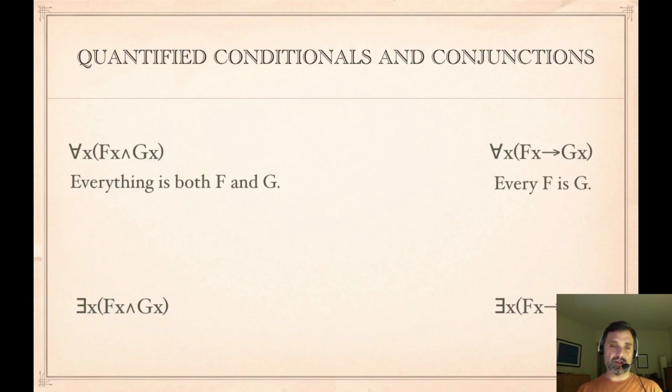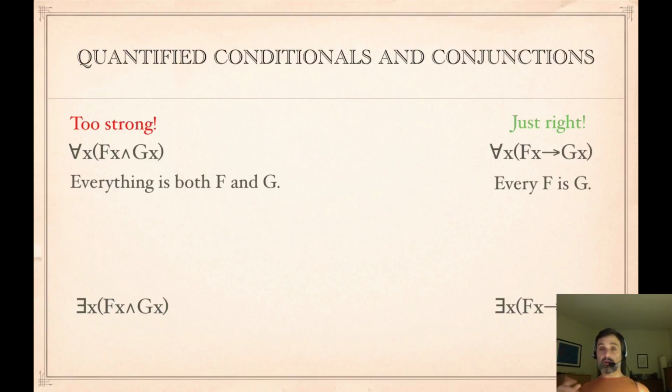How about the bottom left? Some x, Fx and Gx. Again, pause please, write something down. If you want to symbolize every F is G, then for all x, Fx and Gx is too strong, because if everything is a green frog, then it's certainly true that every frog is green.